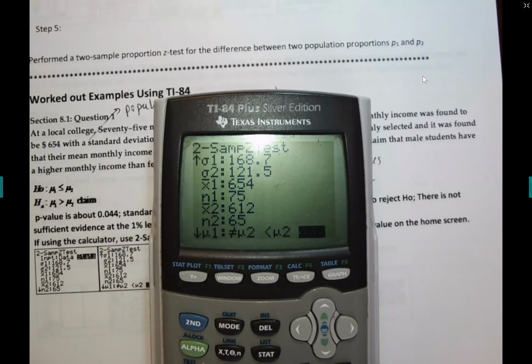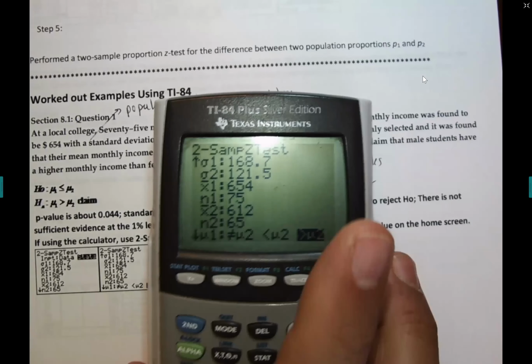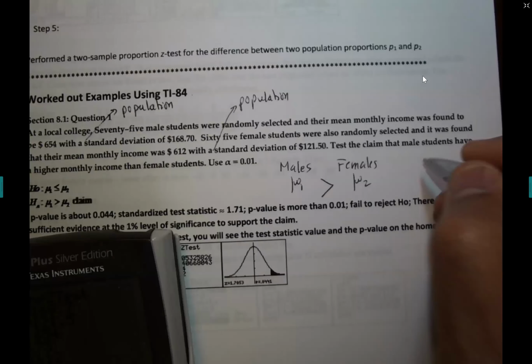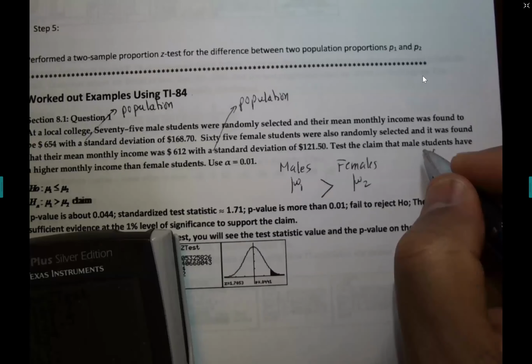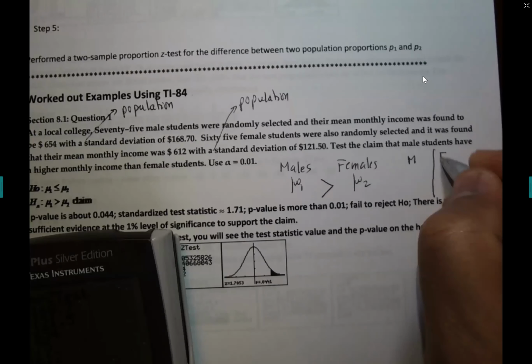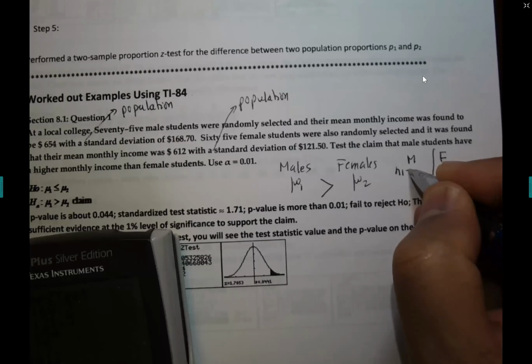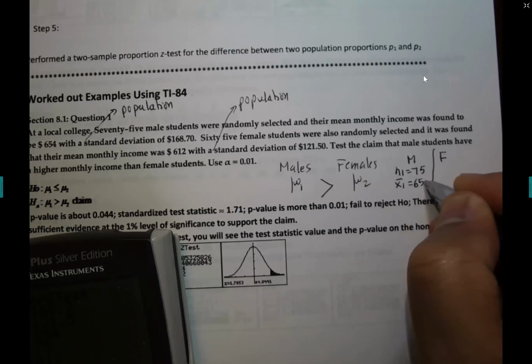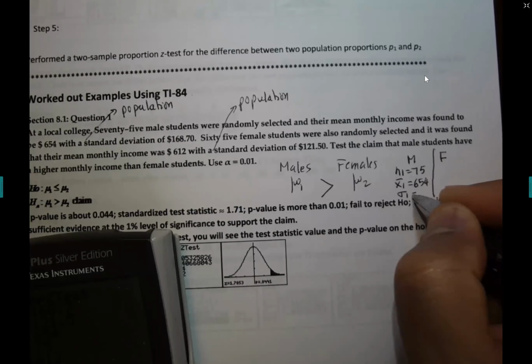To make it easier on you guys, I would have done this if I were you. Just split up the data into two sets, male and female. Put N1, which is 75, put X1 bar, which is 654, and put the value of sigma 1, which is 168.7.